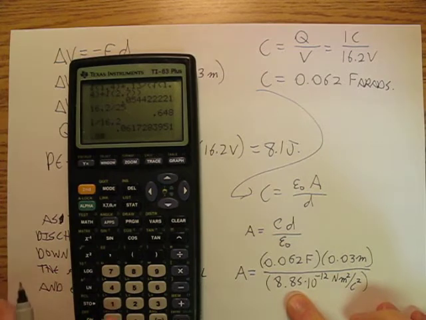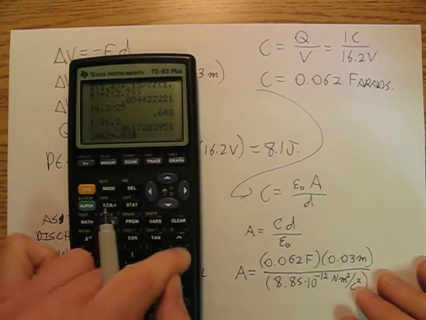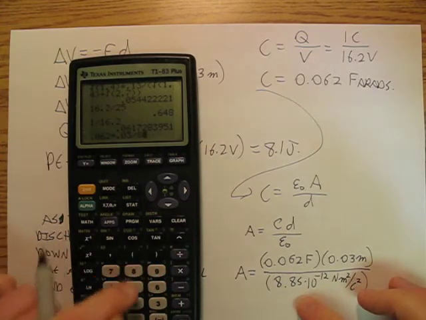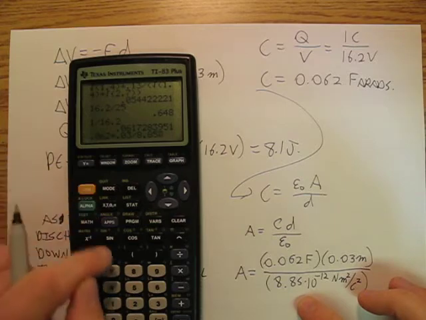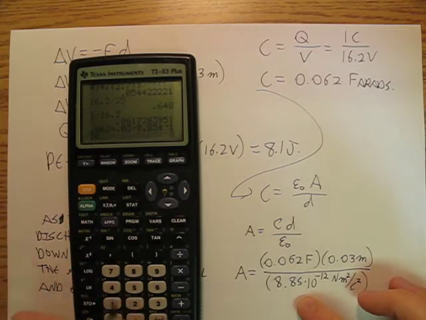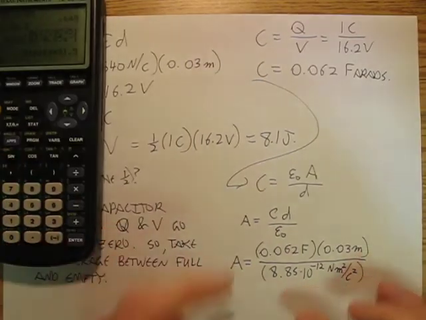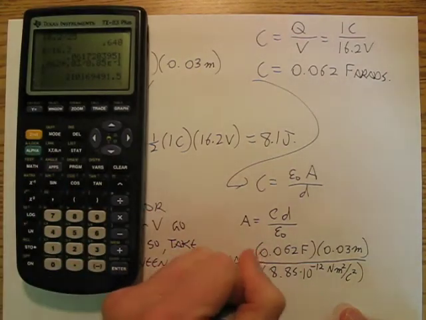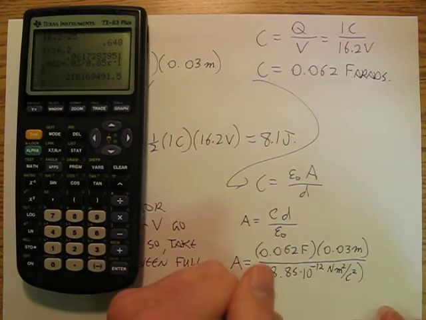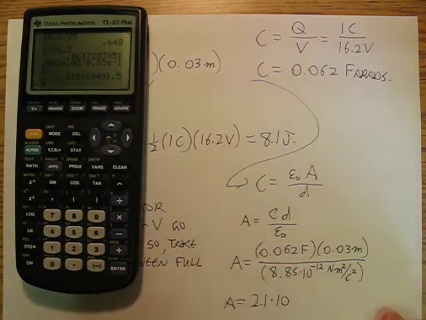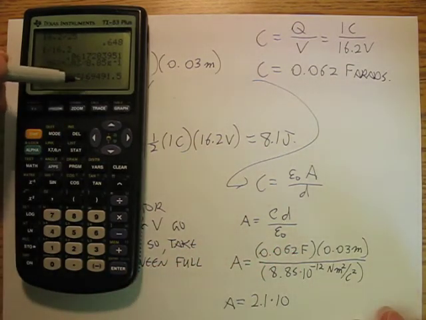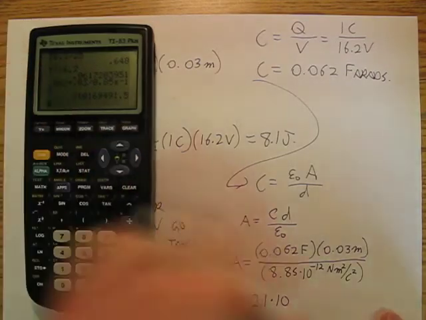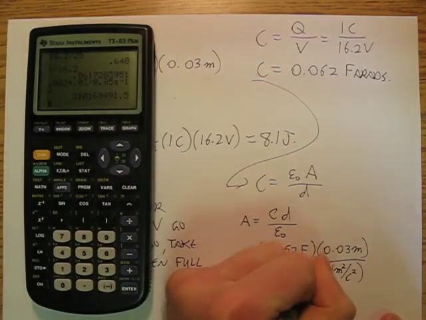So 0.062 times 0.03 divided by 8.85 EE negative 12. I get the area of a plate is 2.1 times 10 to the 8 meters squared.